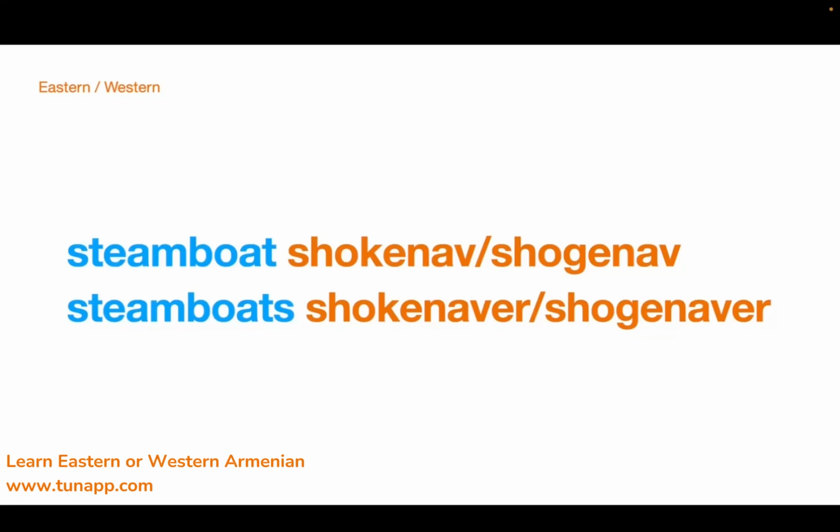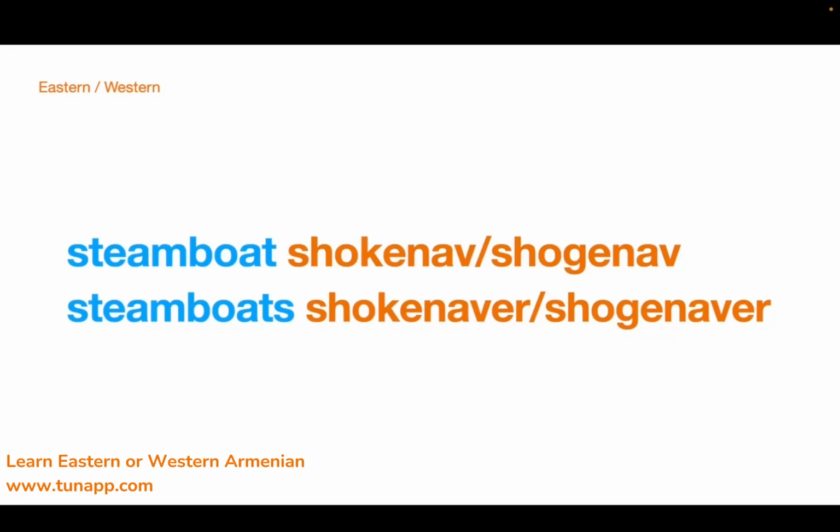Steamboats. Another way to describe this might be to realize that if we were just talking about boats, we would say naver in both Eastern and Western Armenian. And it's almost as if the Armenian grammar wants to de-emphasize the fact that we're using this adjective, a steamboat in this instance rather than a motorboat. And that's the reason that we don't change the way we express the plural of nav, naver.